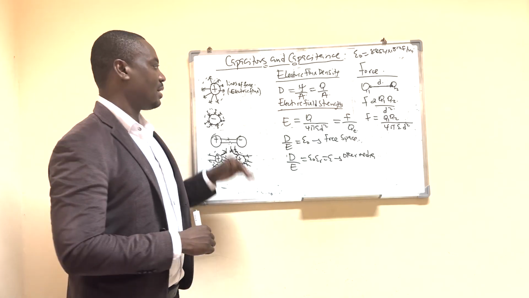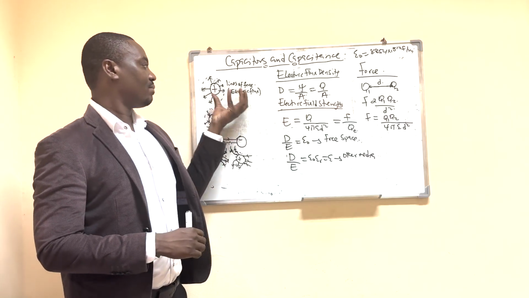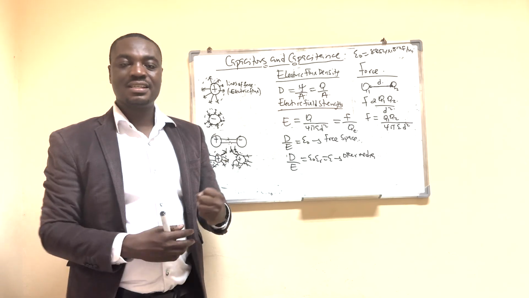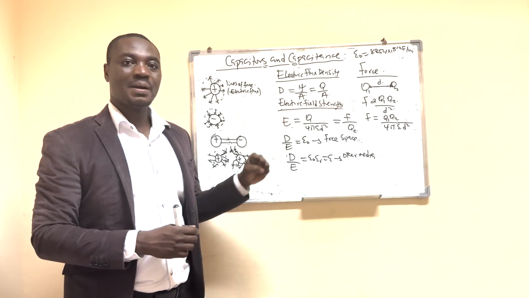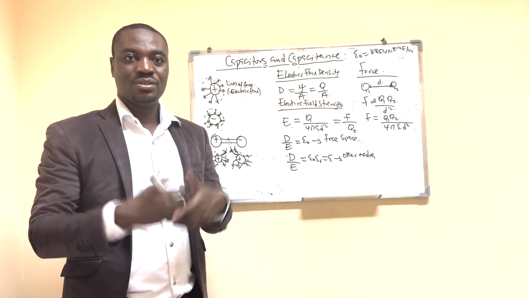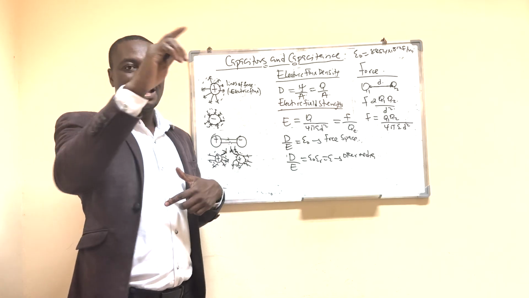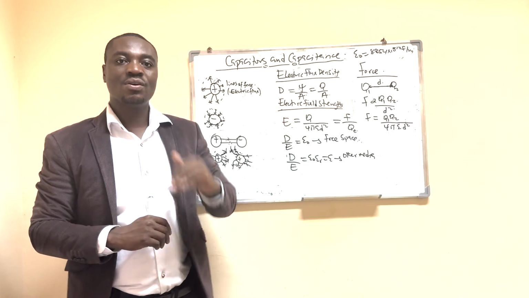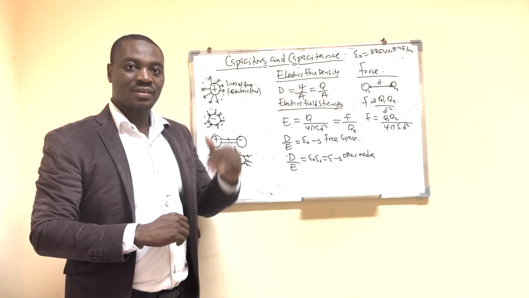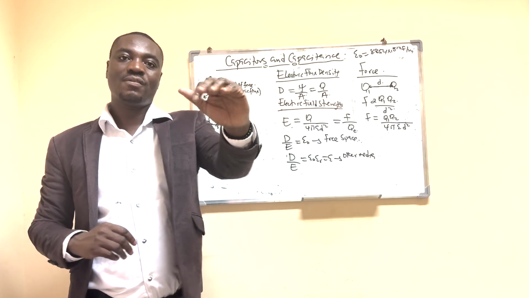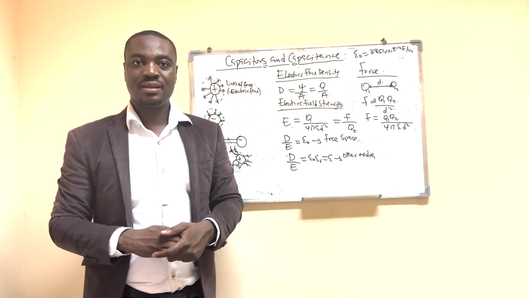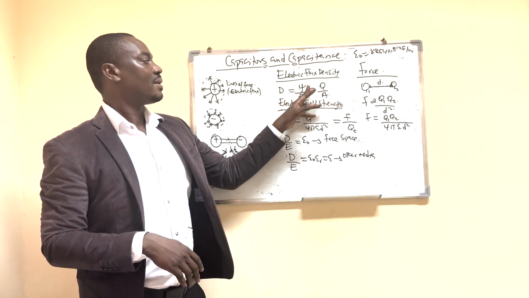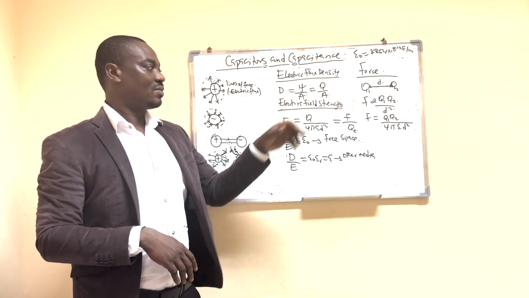If you have a positive charge, and the electric flux diverging from it is passing through a surface, which is the area, then the total number of lines passing through the area, over the area, will give us the electric flux density.